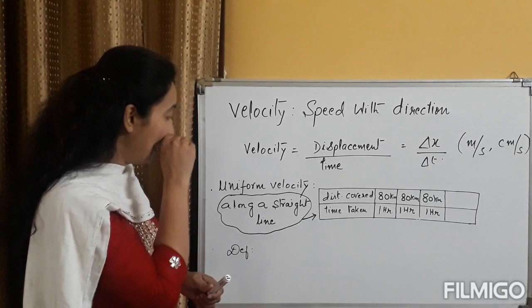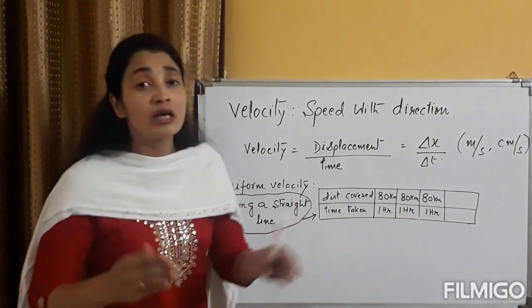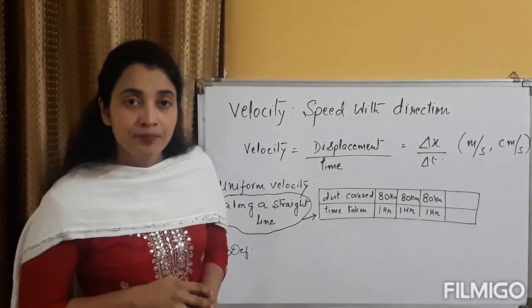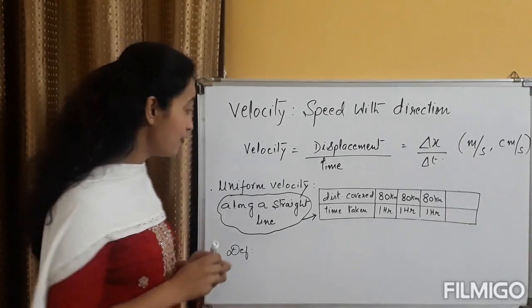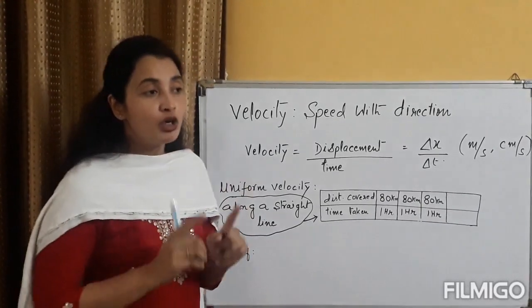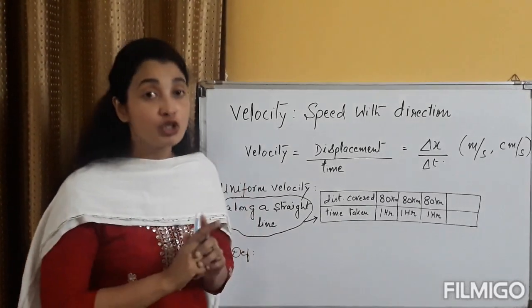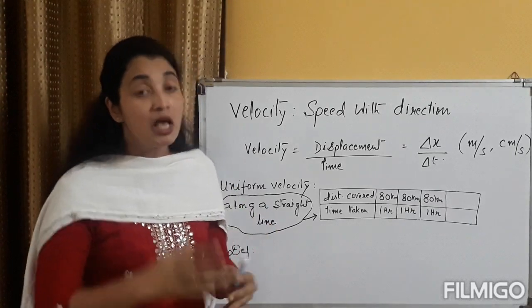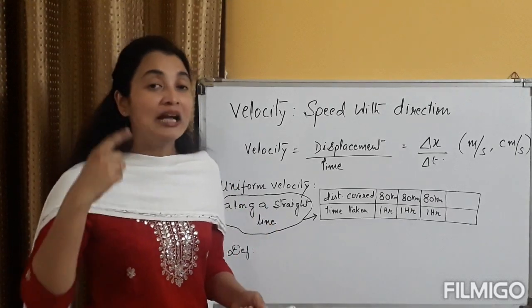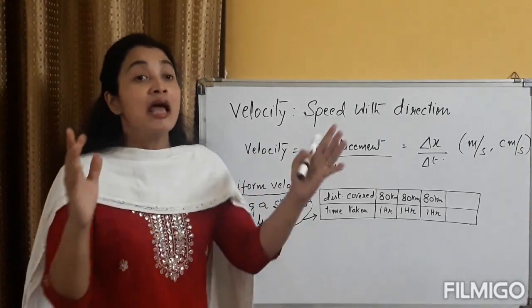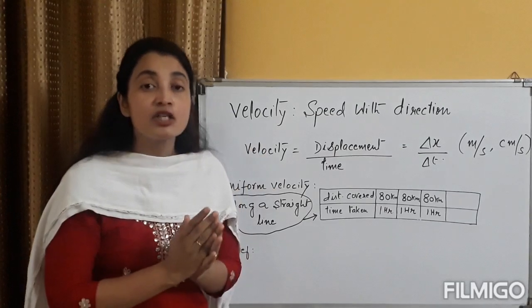Now you will say, ma'am, this situation is more or less similar to what we have studied in uniform speed. Yes, you are right. This should be the experience of a student when we are learning some concepts. In your brain, there should be a continuous process of comparison, coordination, analyzing the situation.